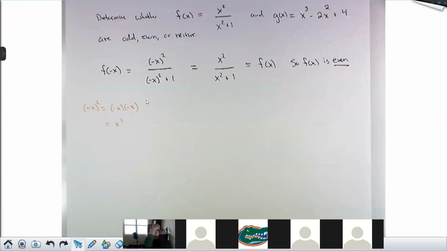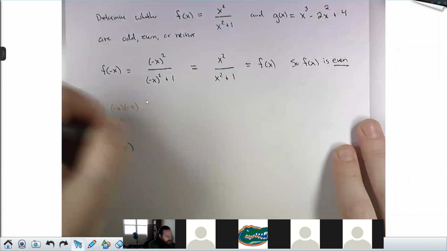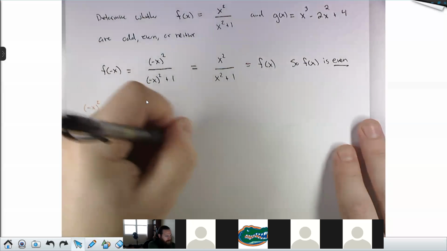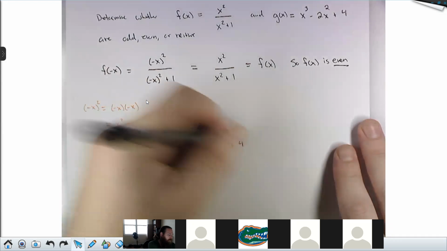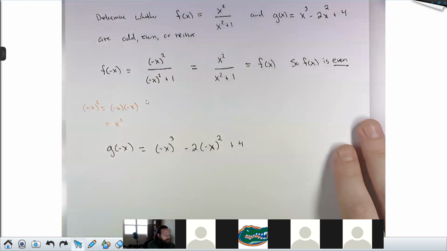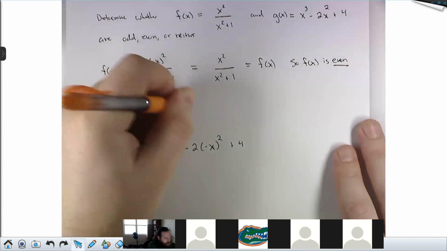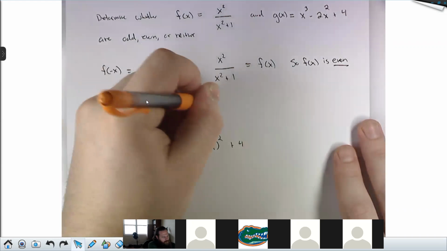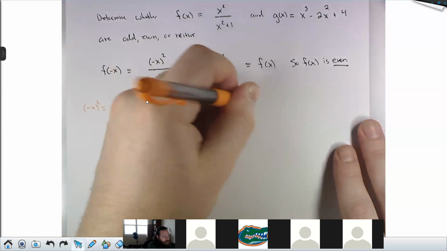But what does that look like algebra-wise? G of negative x here is negative x cubed minus 2 times negative x squared plus 4. Negative x squared, we already know that that's the same as x squared. What about negative x cubed? Well, that's the same as negative x times negative x times negative x.